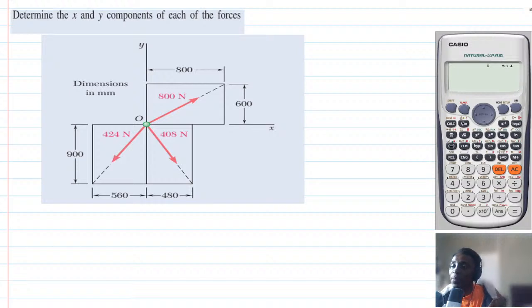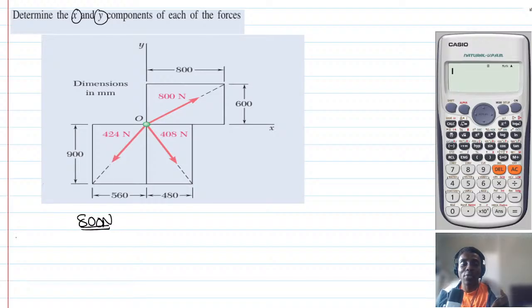All right. So let's look at when you have several forces. So if you have a question like this, how will you be able to find the x and then the y component? Okay. So without wasting much time, let's start from the 800 Newton force. So this force is having a component.